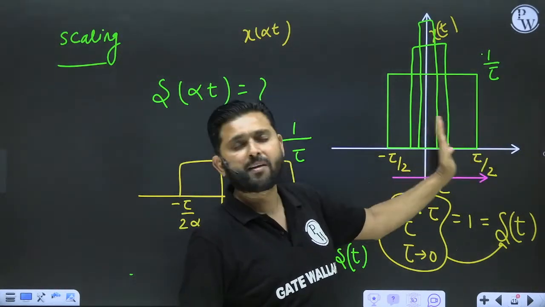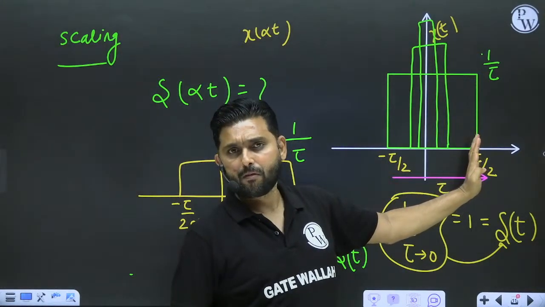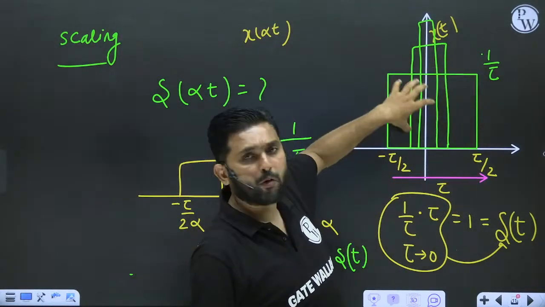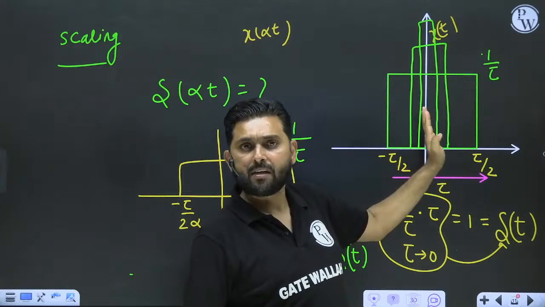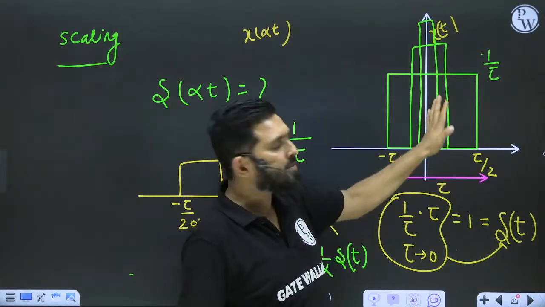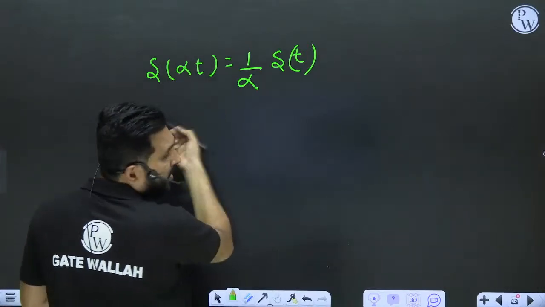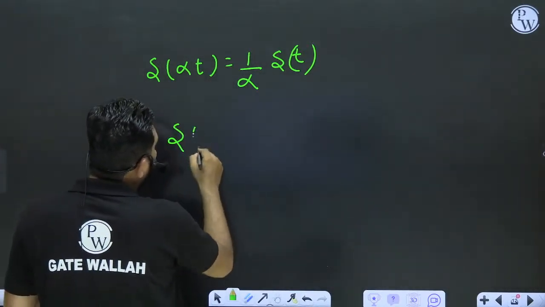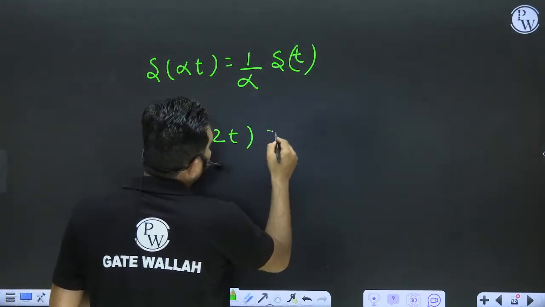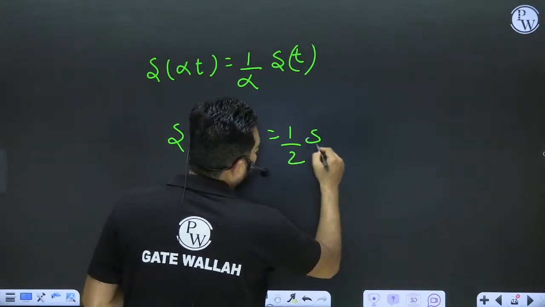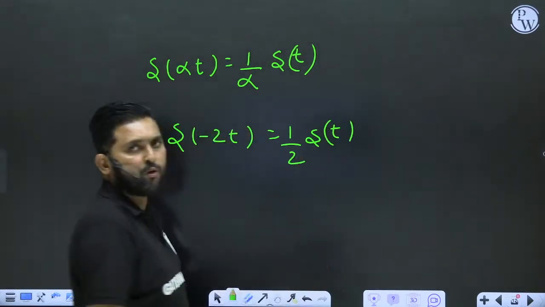This means that reversal will have no effect. Since this is a purely symmetrical function in both the quadrants, reversal has no effect. So delta of minus 2t is also equal to 1 by 2 delta t.